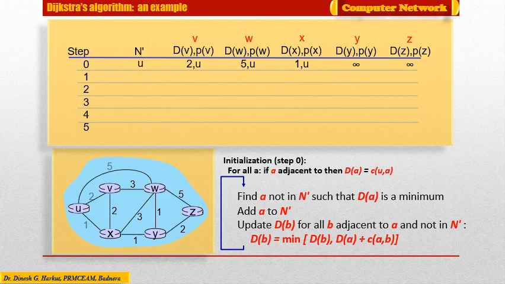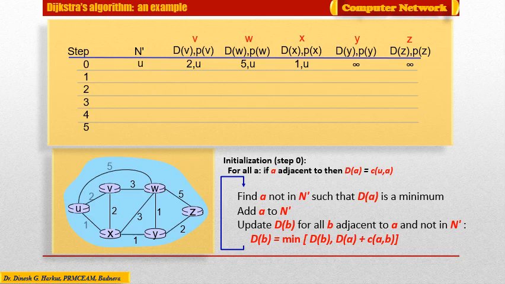In the first iteration, we look among those nodes not yet added to the set N dash and find the node with the least cost as of the end of the previous iteration. Currently, the set N dash consists of only the single node, that is the source node. We will try to add the node to this set N dash having the least cost.